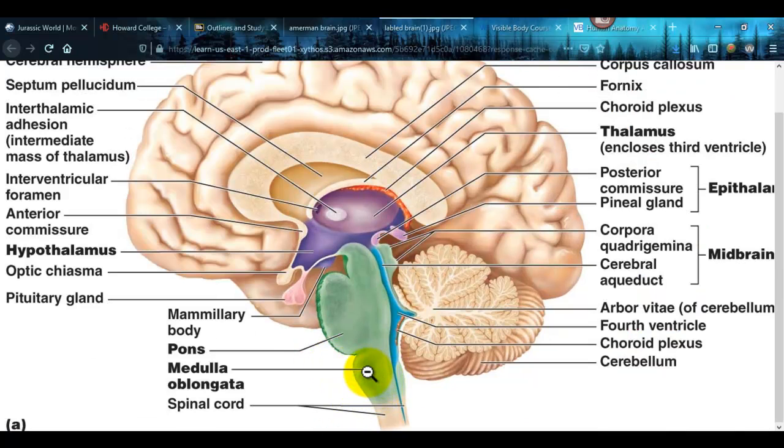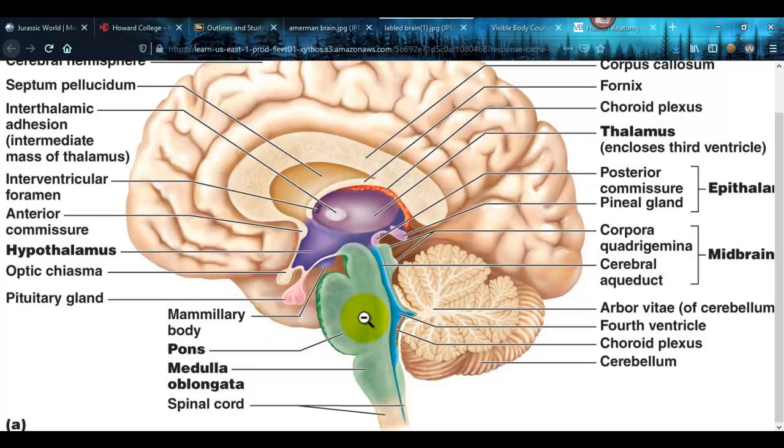Medulla controls heart rate, blood pressure, breathing rate. It's a very, very important part of the brain. And then right past that would be where the foramen magnum is on the skull, and that would be the spinal cord that's coming out. So medulla oblongata, pons, and then here's the corpora quadrigemina.